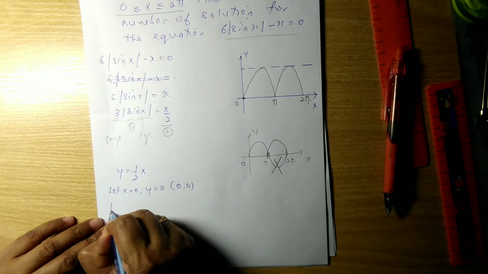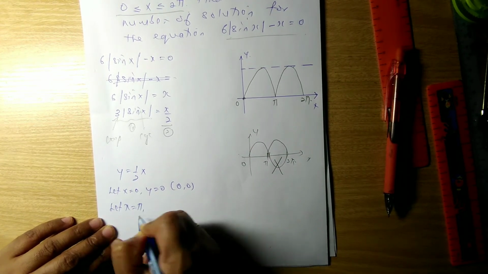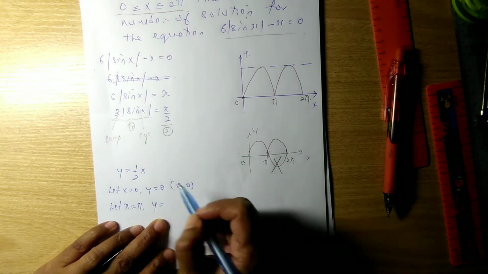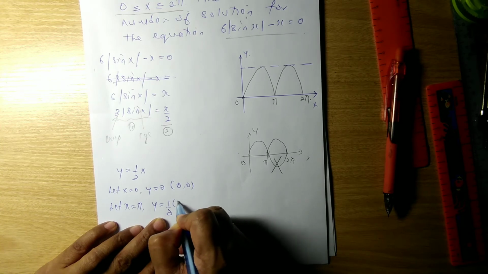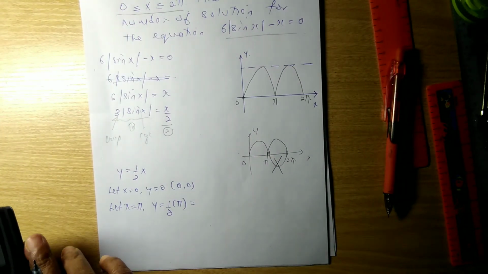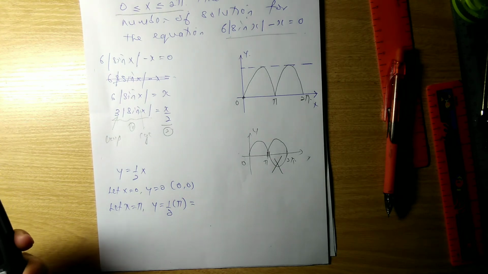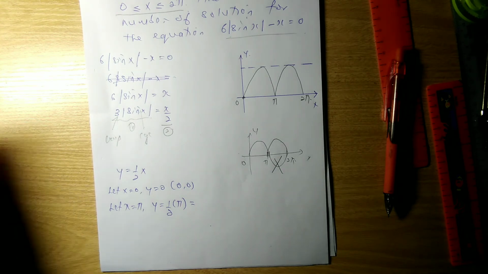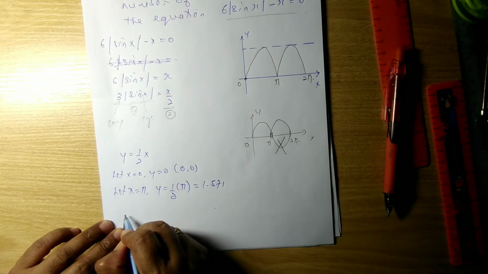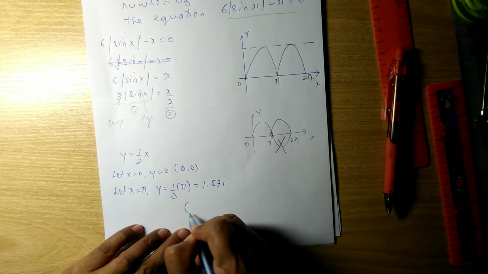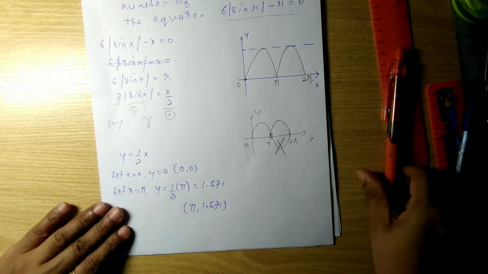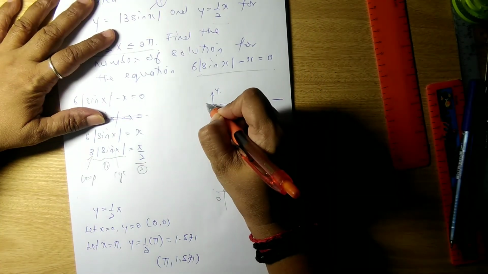So let x become pi. y is x over 2, so it's pi over 2. Pi is 3.142, so when we divide by 2, you get 1.571. So my second coordinate is pi, 1.571.